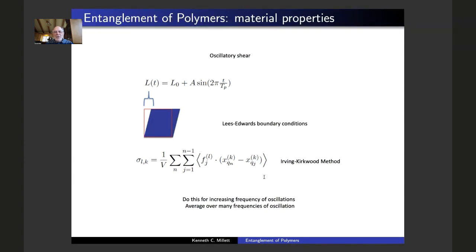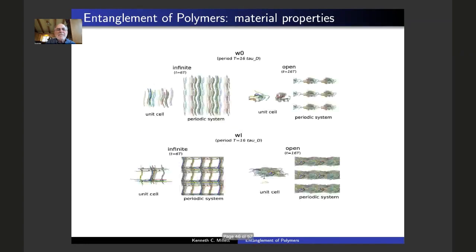And then we're going to look at their dynamics using this Irving-Kirkwood method and I wonder if I wrote it down. It's like a molecular simulation program. The LAMMPS model, I think it's called.